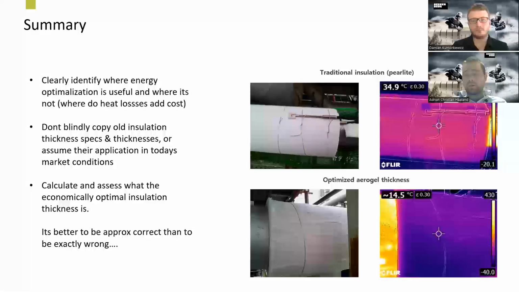They are calculated under different economical circumstances. The energy prices are not the same today. The economical optimal thicknesses of yesterday are no longer reasonable. And last but not least, don't be afraid to do the calculation. It's better to be approximately correct than to trust the old specs and be exactly wrong.